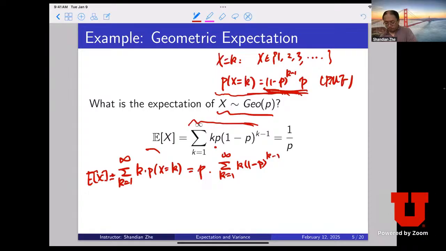What does this look like? Let's associate it with the derivative rules.